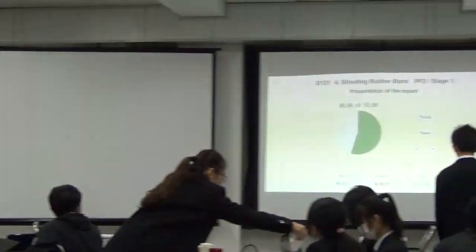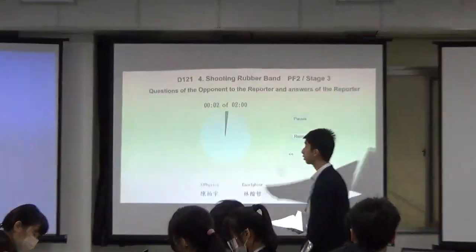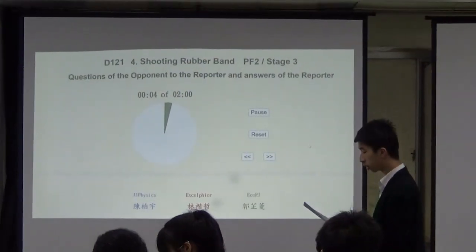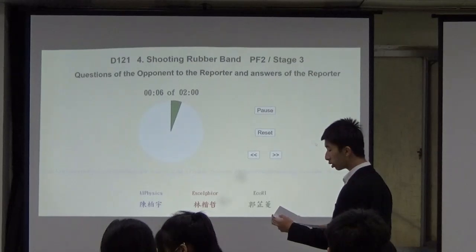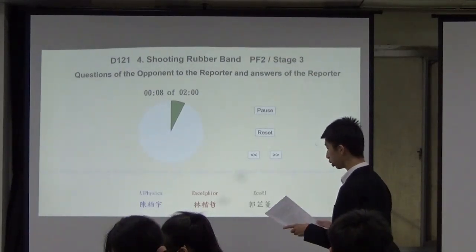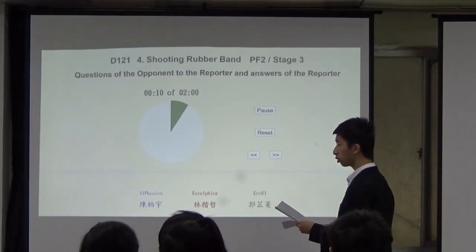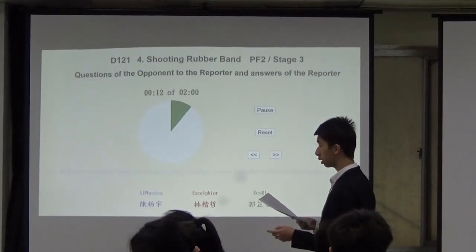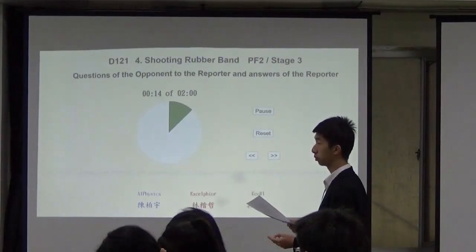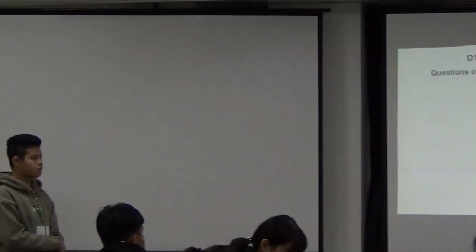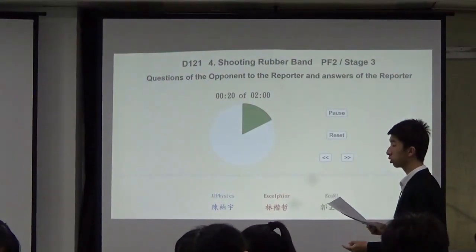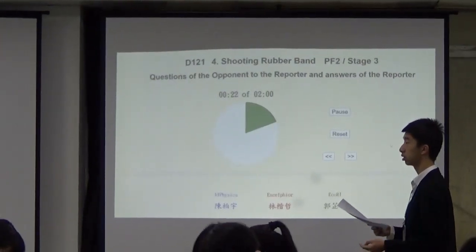Okay, questions from the opponent. Okay, thanks for your report. So for the reporter, the opponent wants to ask, do you think the size of a rubber band will affect the result of the experiment? Yes. Okay. How many times did you repeat the same experiment? I repeated 3 times.